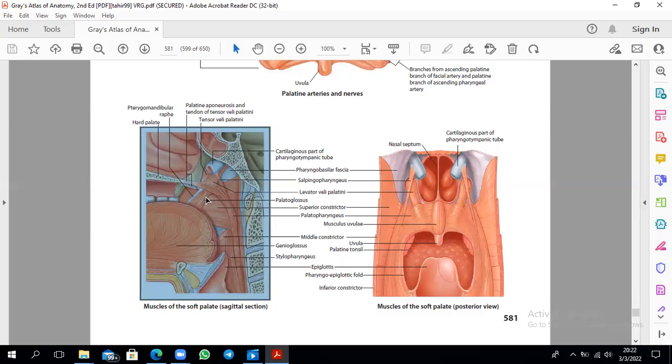The tensor palati will be innervated by the nerve to the medial pterygoid, which is coming from the main trunk of the mandibular division of the trigeminal. That nerve to the medial pterygoid also innervates the medial pterygoid muscle itself, and the tensor tympani of the middle ear. Then you talk about something known as a gag reflex. So sensory supply for the palate, you talk of the lesser palatine and the glossopharyngeal nerve.